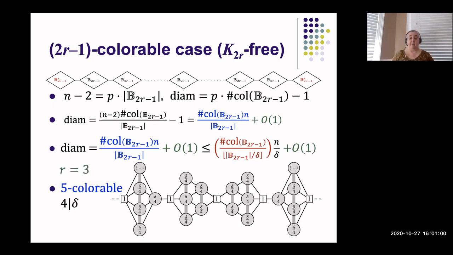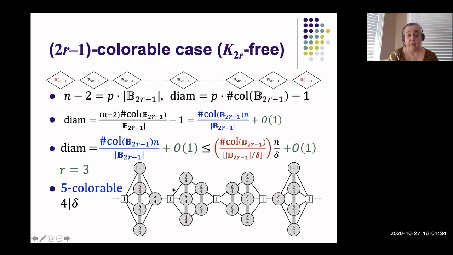For the 5-colorable case, where 4 divides delta, because I don't want to get into technical details, we actually found this. In the blocks, every third column has a single vertex. Then 2 consecutive columns in between have a total number of 5 clumps. Each clump has delta over 4 vertices. I have a little minus 1 here as before, which takes care of this extra edge.